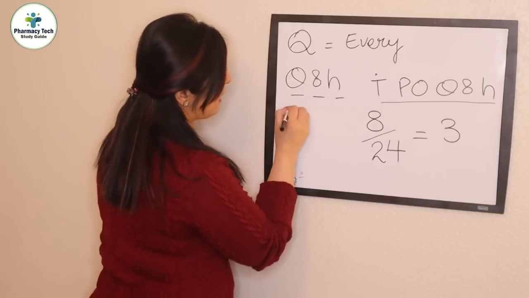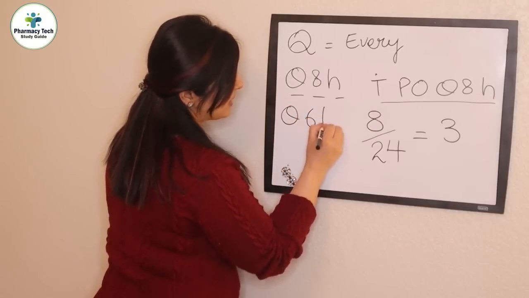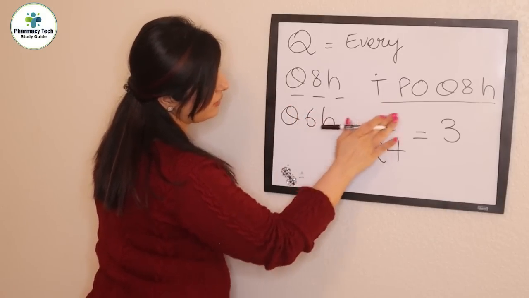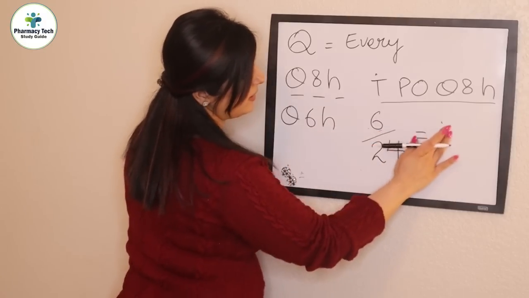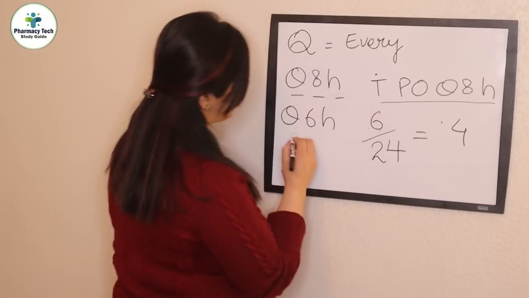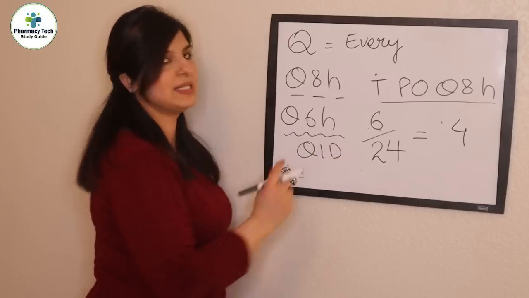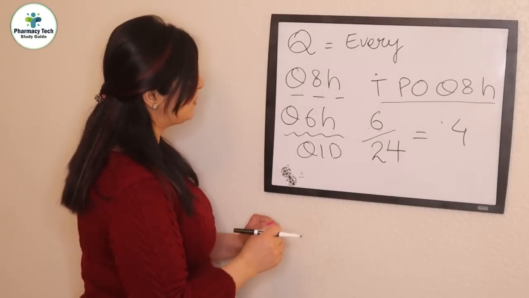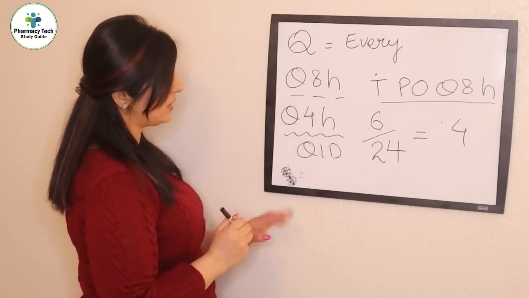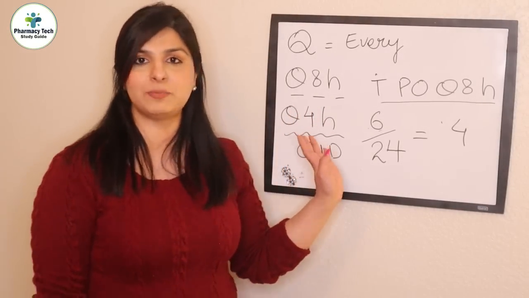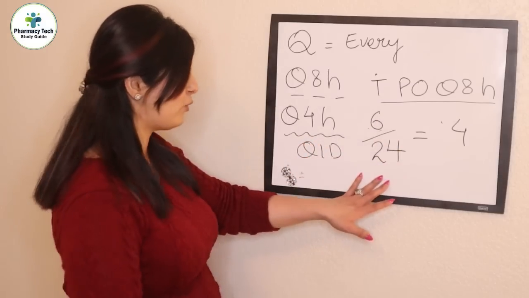Then you can also have every 6 hours. Now again, 24 divided by 6 would be 4. So that would translate into 4 times a day. Another one would be Q 4 hours. That means a person is supposed to take medication every 4 hours within 24 hours.